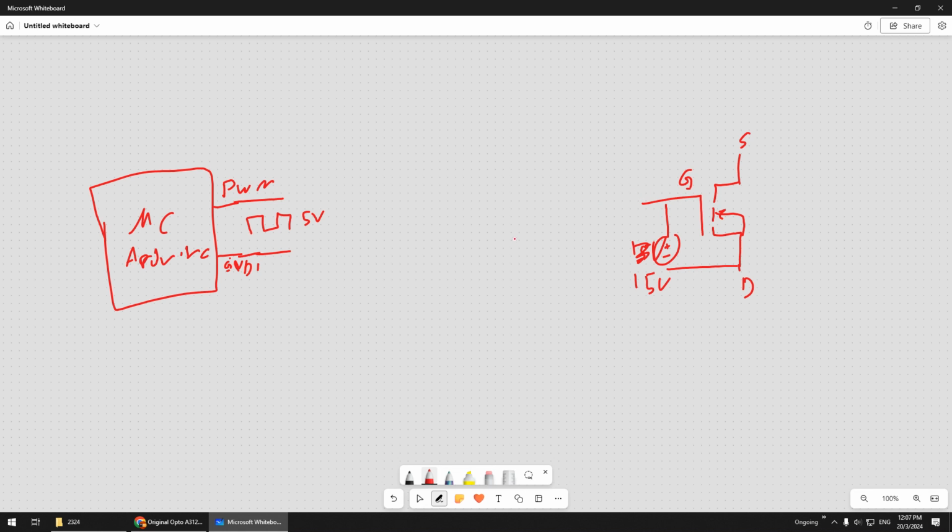Okay. So the second problem is grounding. The second problem is grounding problem. So you have a microcontroller. Okay. This one is ground one.